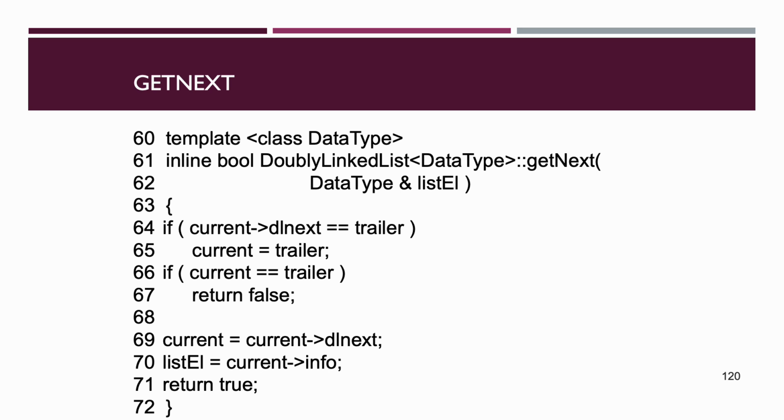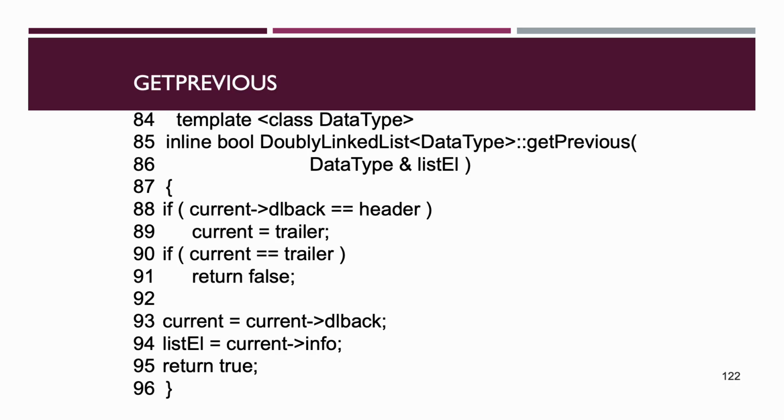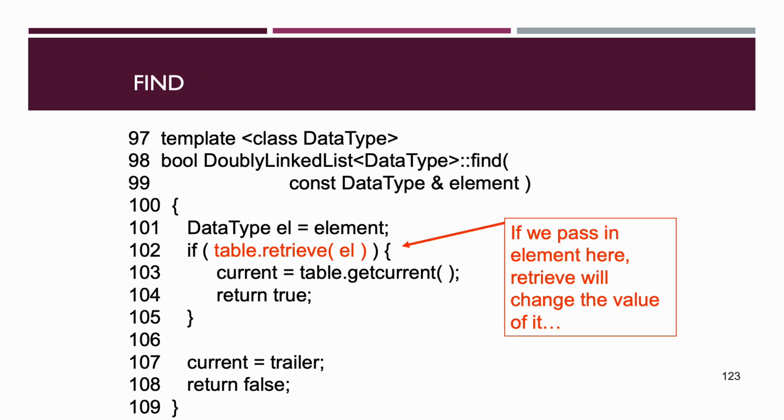I hope you already know what these codes are doing, because I already explained similar functions in detail before in hash tables also. So we have this get next function here, and then we have last, and then get previous, find.